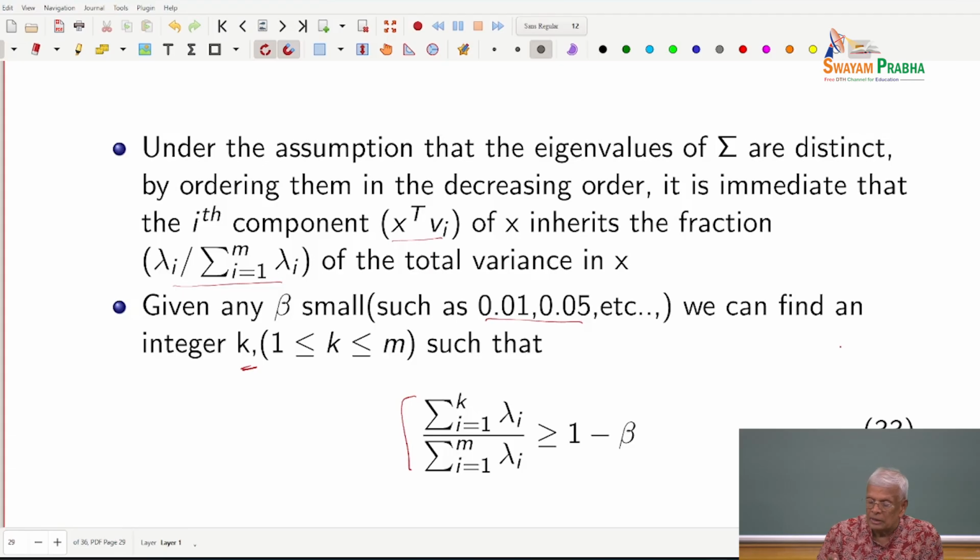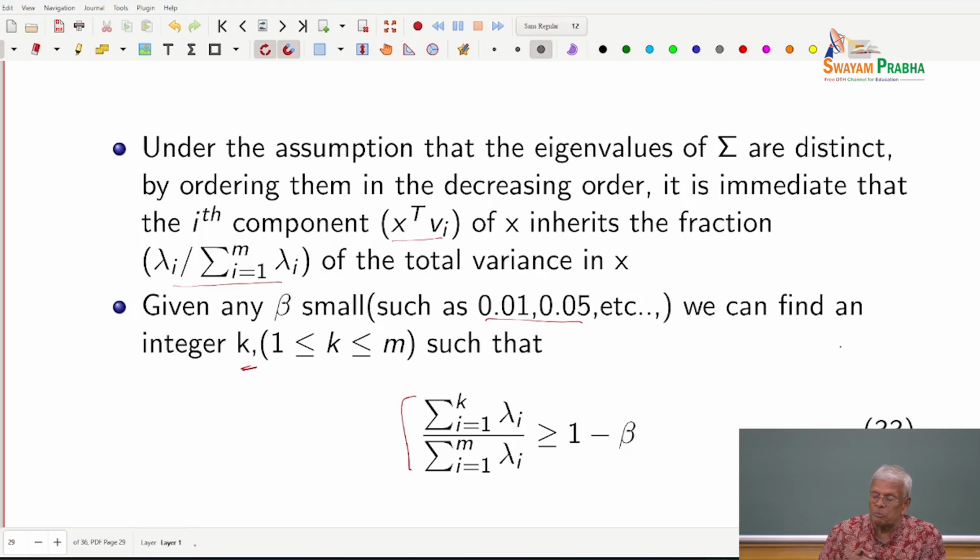That means the sum of the variance in the first k components divided by the sum of the variances in all the components is greater than or equal to 1 minus beta.